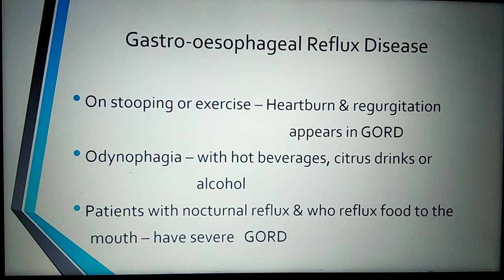The patients with nocturnal reflux and who reflux food to the mouth have severe GORD. Nocturnal reflux and food coming up to the mouth indicate severe GORD.